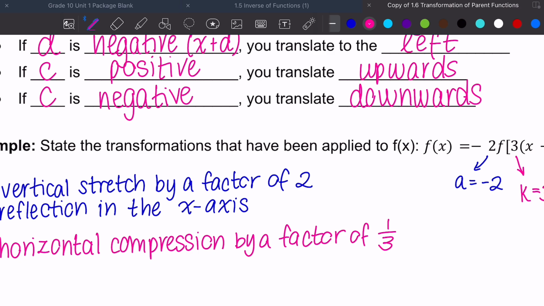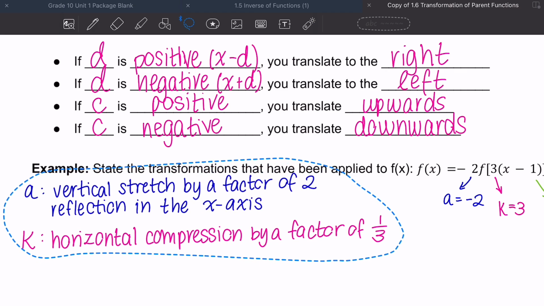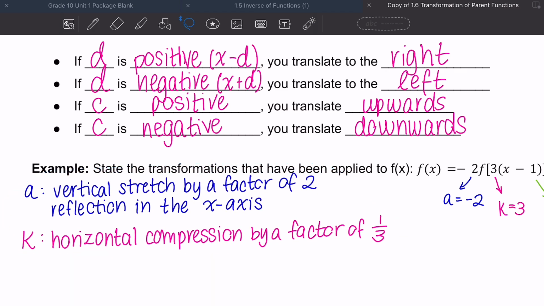Why we flip it, I feel like is redundant because you're saying it's a compression, but that's the whole point of compressions. We always identify them as fractions and decimals. So technically and mathematically, they want us to write it like this. So you're just flipping it when you describe it. When you insert it into an equation, or when you use it to transform points, you're just using 3. So you only flip it when you're describing it to somebody, yeah?